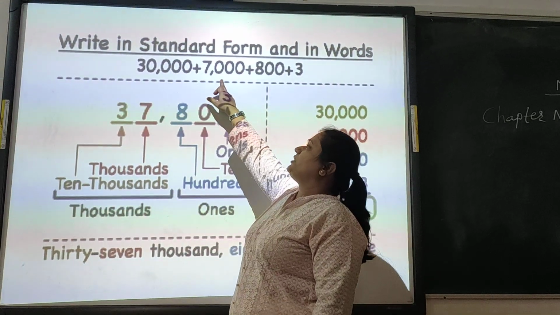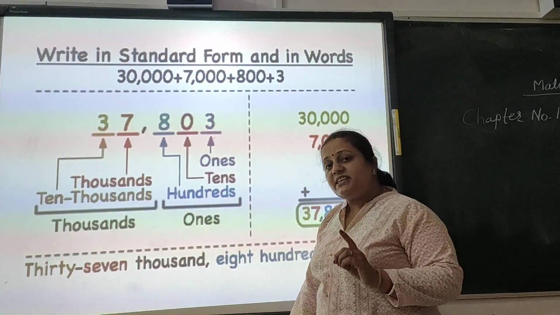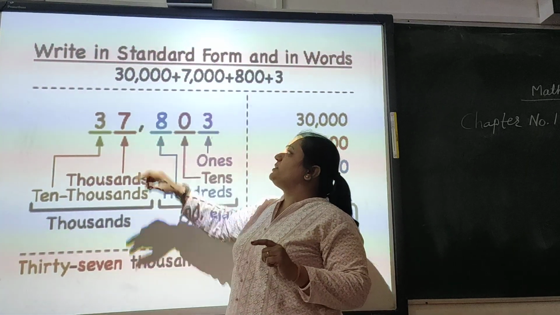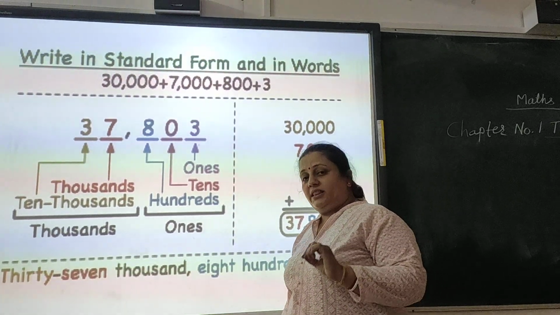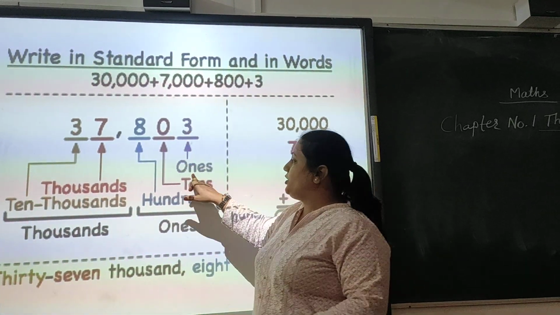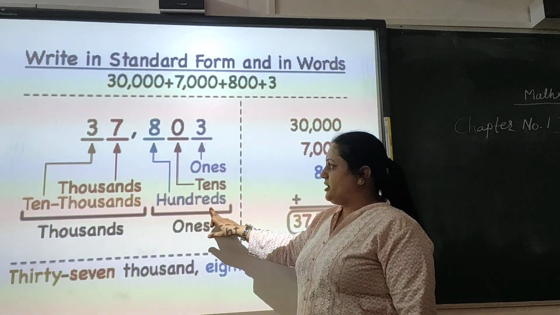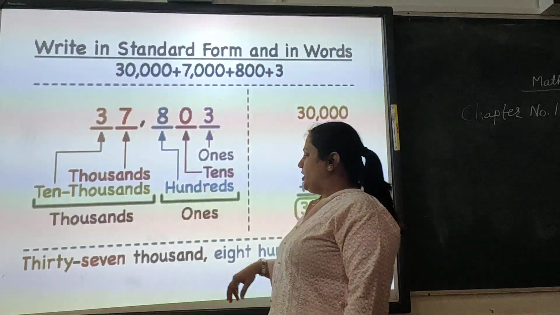Then 7,000 means 7 into 1000. So what will be the place of 7? Sorry, 1000 place. And 30,000 means 3 into 10,000. So the place of 3 is the 10,000 place. So see here, 3 on the ones place, 0 on the tens place, 8 on the 100 place, 7 on the thousands place, and 3 on the 10,000 place.